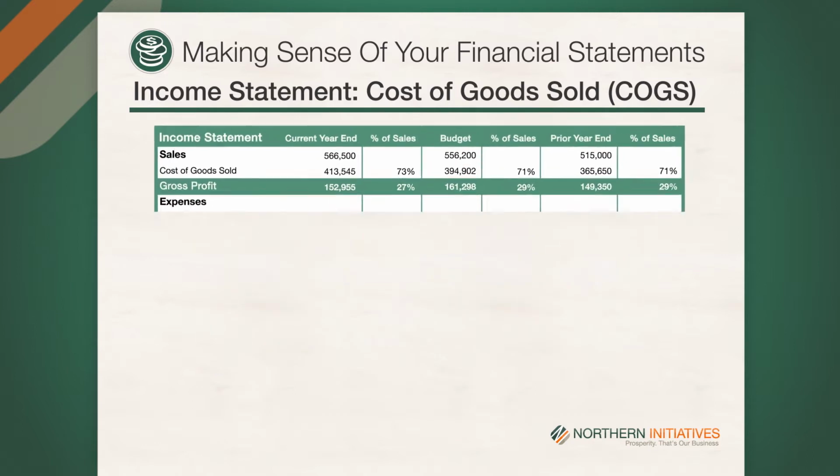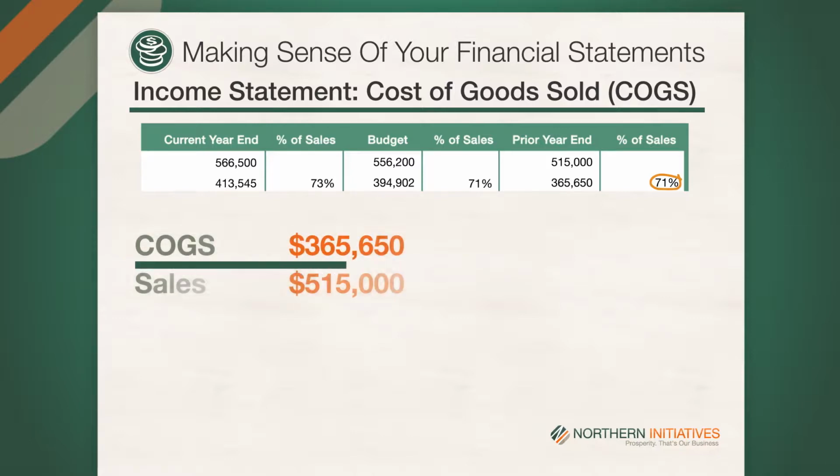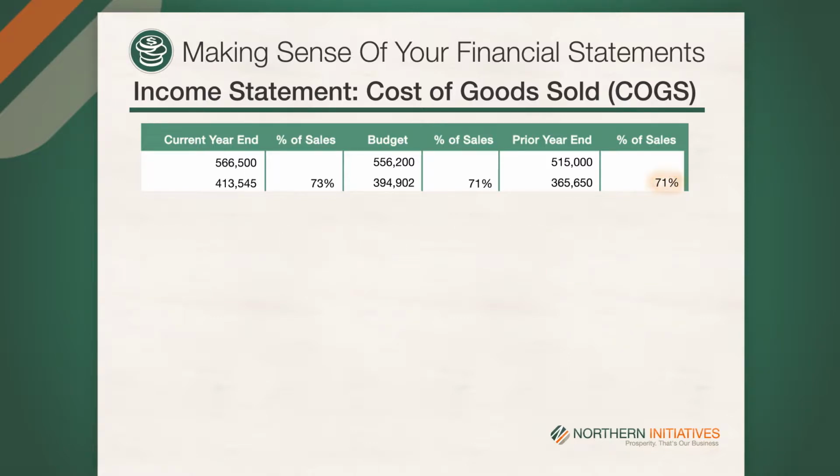Case study. So in the prior year, cost of goods sold was 71% of sales. Cost of goods sold over sales equals $365,650 over $515,000 equals 71%. The owner projected that cost of goods sold would stay at 71% of sales.